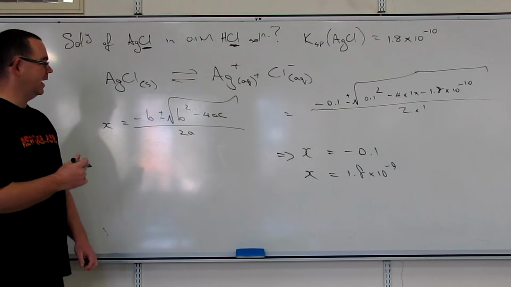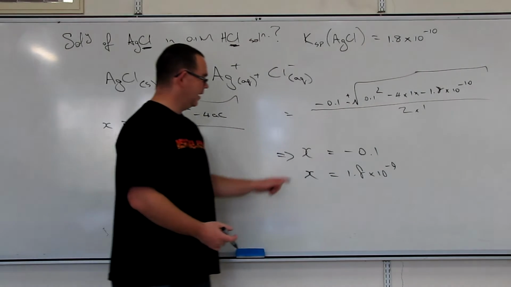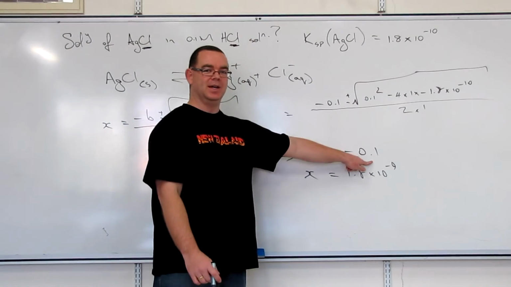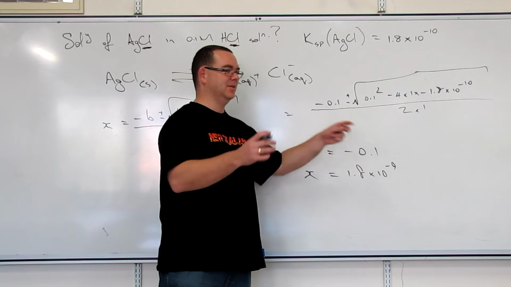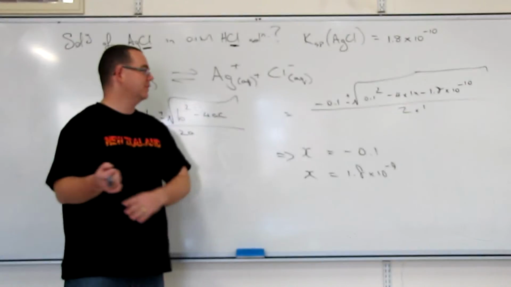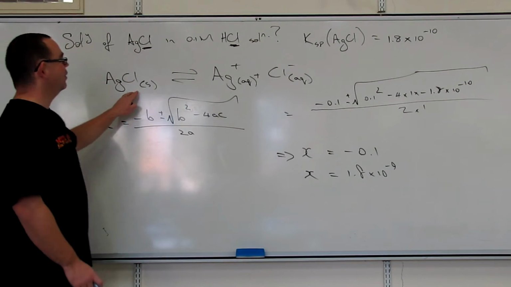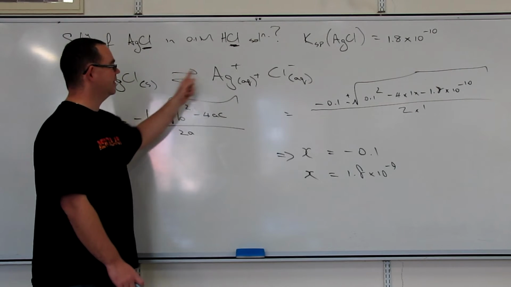Now, if you think about what they actually mean, we said we let x mole dissolve. Well, if we've got minus 0.1 mole dissolving, that says less than none is dissolving. It means we must actually be forming the solid. But the whole point is that we're dissolving this. We want the solubility to make our saturated solution, so we need to dissolve it.